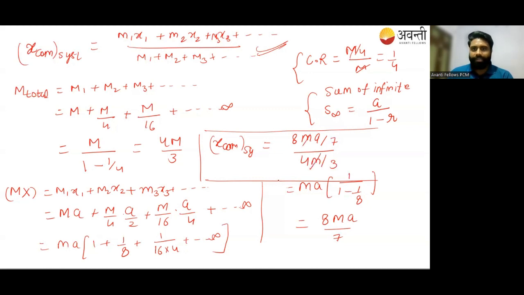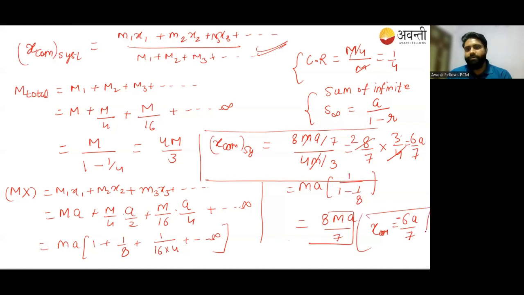M and M get cancelled out. So this becomes 8 by 7 multiplied by 3 by 4, which is 6 by 7, times A. So the final value of the x coordinate of center of mass is 6A by 7, but in the negative direction because we have measured the direction as negative.